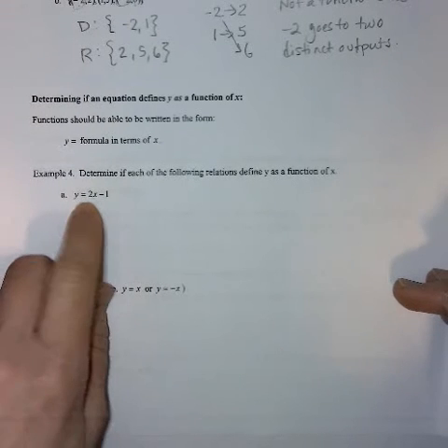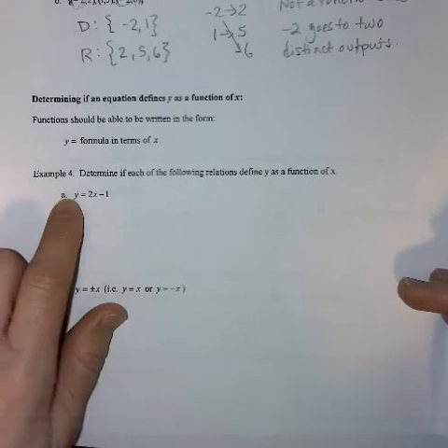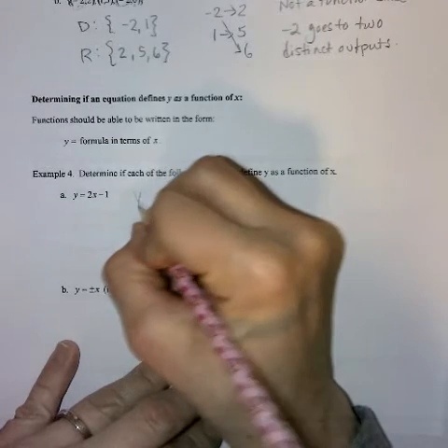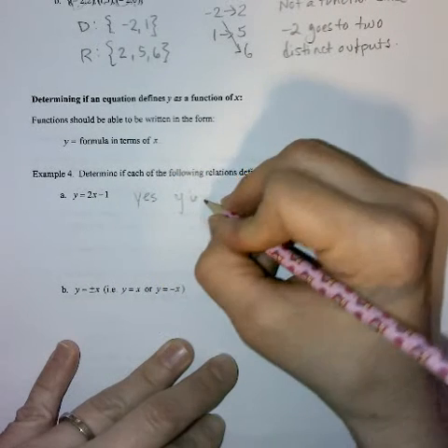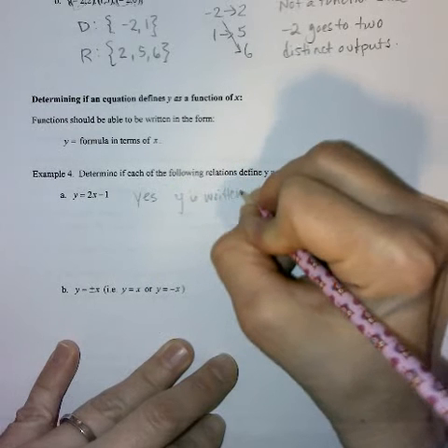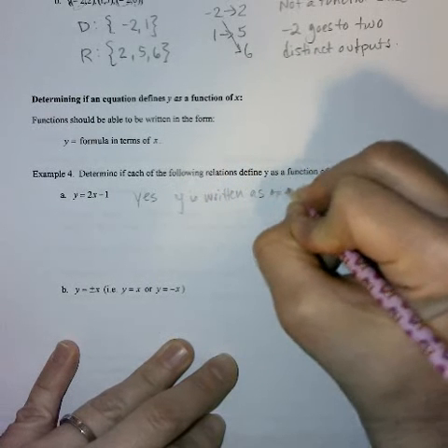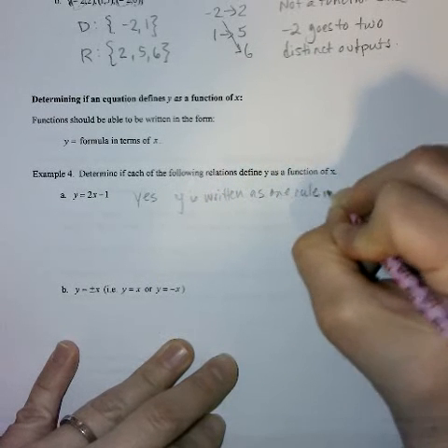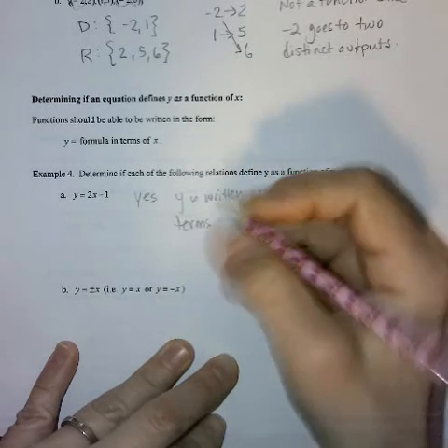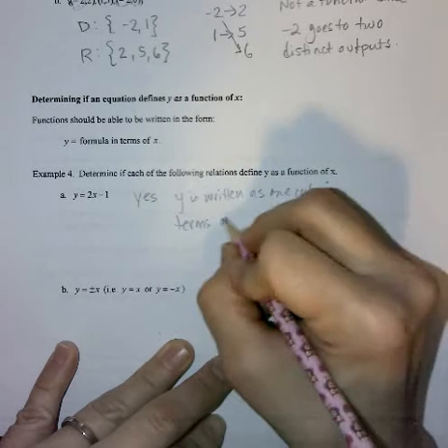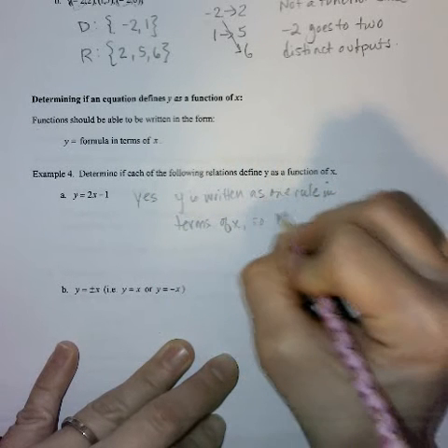This is so simple because you've got y in terms of x, yes. y is written as one rule in terms of x, or one formula, however you want to state that. So it is a function.